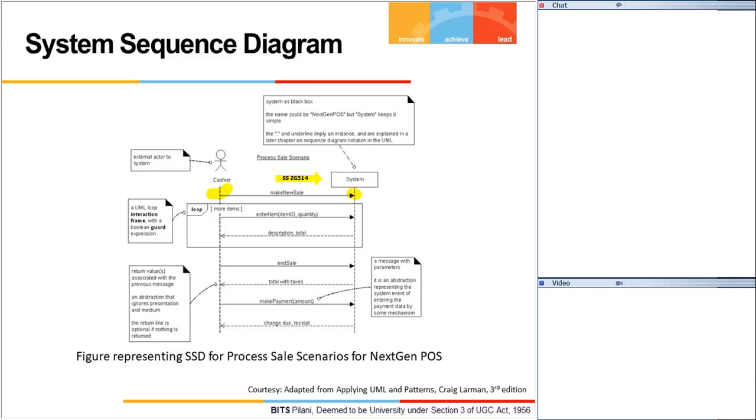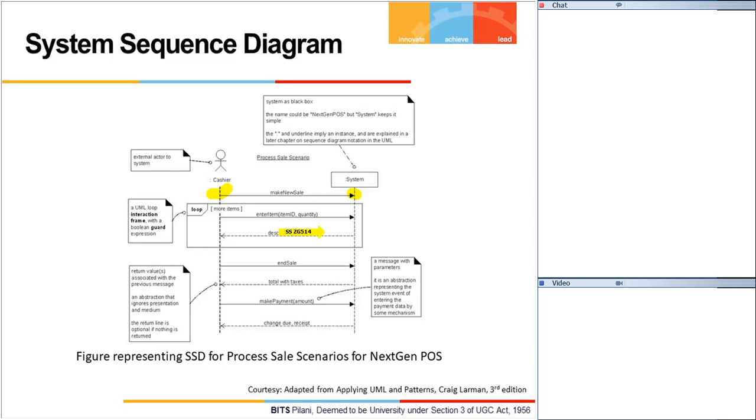Fine. So we'll have a closer look at this diagram. This is my cashier, the external actor, and this is my system. And then there are lifelines. There are messages flowing from the cashier to the system, and messages flowing from the system to the cashier.